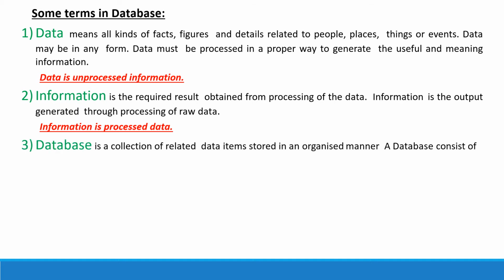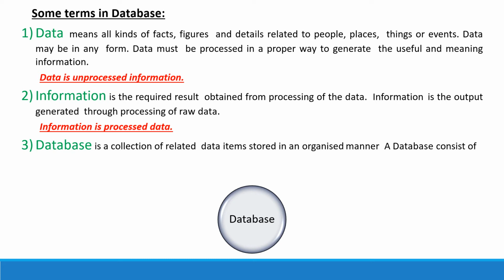Now let's see the concept of database. It is a collection of related data items stored in an organized manner. So the meaning of database is that whatever data we store is stored in an organized, sequential manner, in ascending order, so that whenever required we get the particular data.